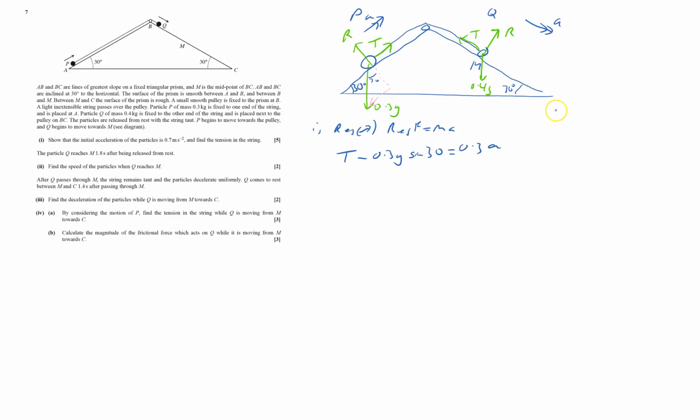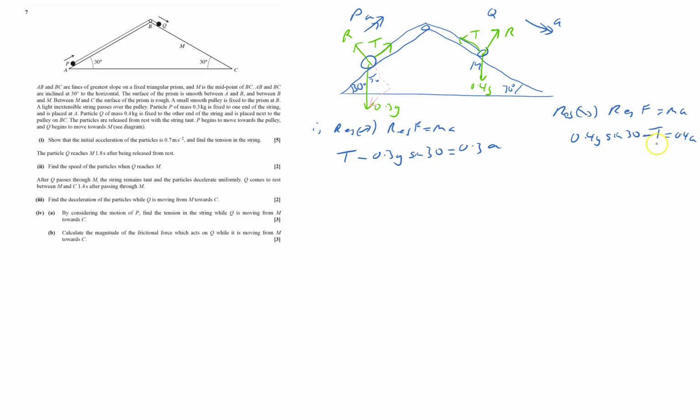And this side here, I'm going to resolve down the slope, and again resultant force equals mass times acceleration, and here I get 0.4 g sine 30 take away T equals 0.4 a, and those are my two equations.